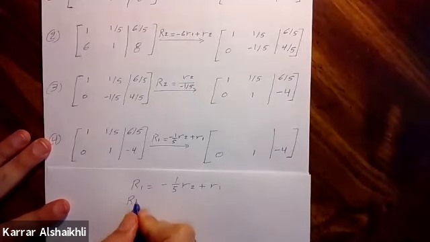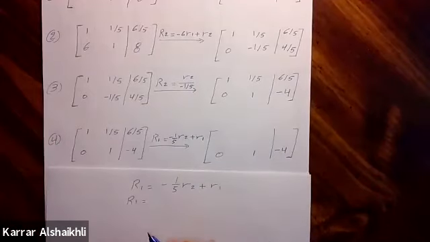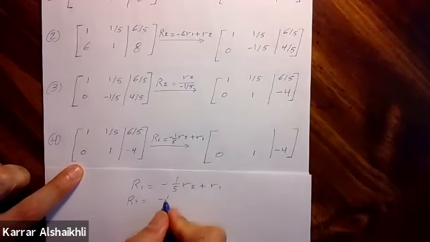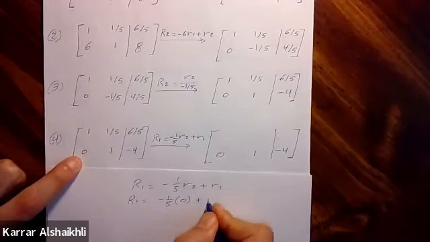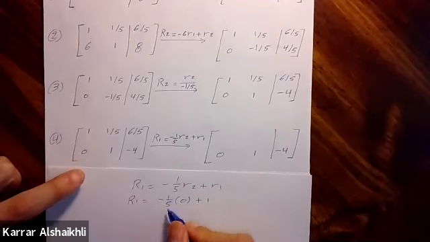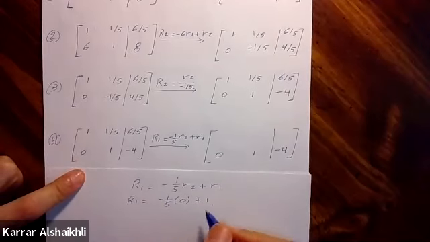Now, the first number, negative 1 over 5 times 0 plus 1. Negative 1 over 5 times 0 is going to be 0, plus 1 is going to be 1.